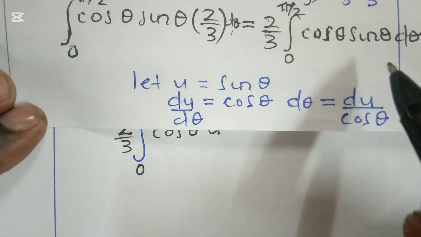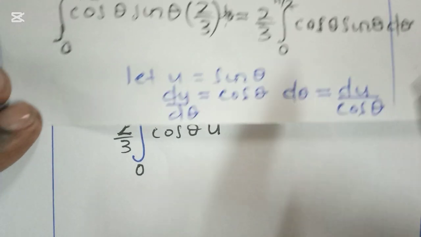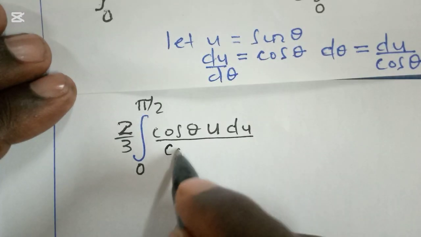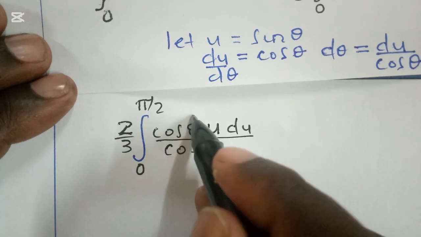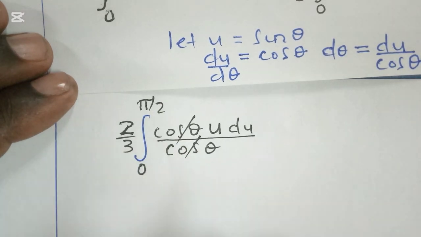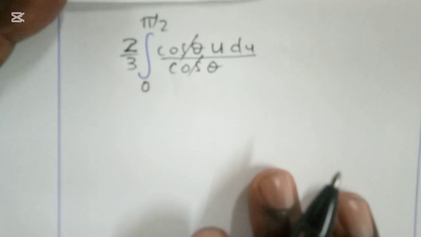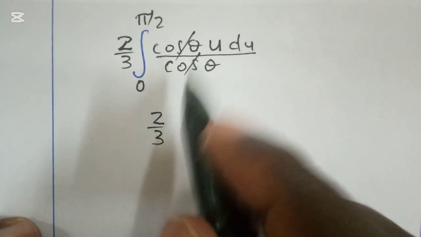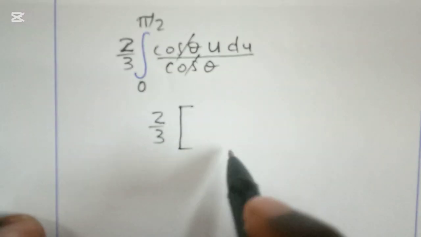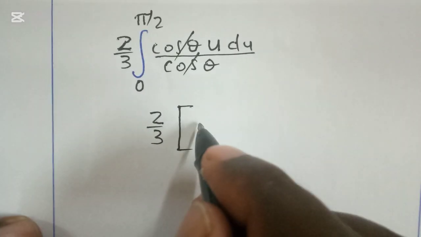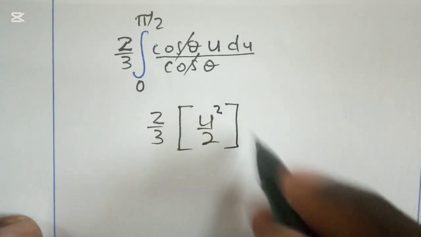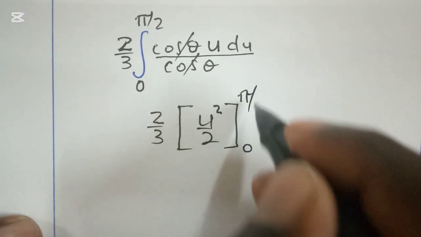Then we have the d theta, which is supposed to be du over cos theta. So we write here du all over cos theta. So that one is going to be cancelled. We shall be left finally with 2 all over 3. We integrate u, and integrating u, we shall have u squared all over 2, from 0 to pi all over 2.